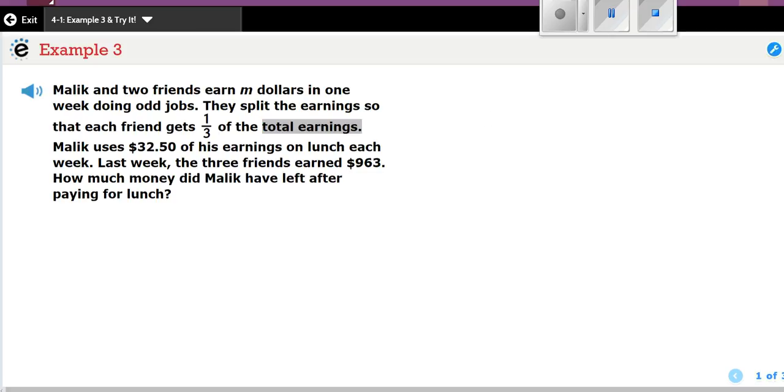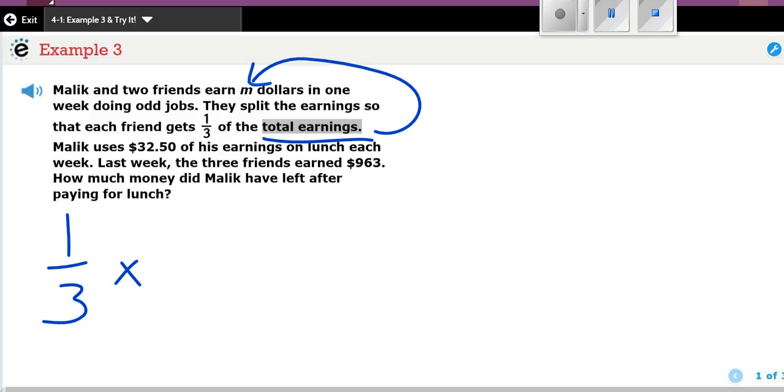So far we know that we're taking 1/3 and multiplying times the total earnings, which our first sentence told us was M. So we can put that there like that. M equals the total earnings, right, of 1 week. So that's how much each of them makes in 1 week.